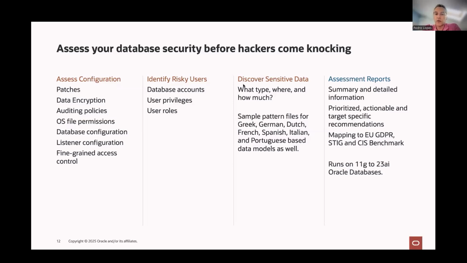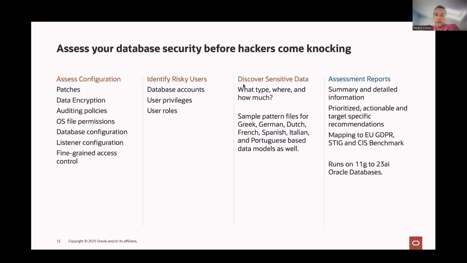Okay. With DBSAT, we include sample pattern files for Greek, German, Dutch, French, Spanish, Italian, and Portuguese. So if you have a data model written in these languages, you can use one of the provided files to accelerate your sensitive data discovery. You get these reports, summary, detailed information.